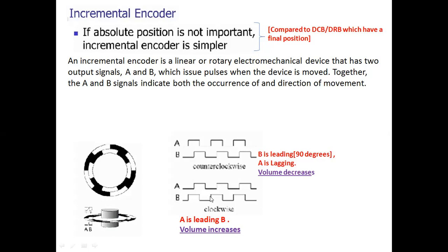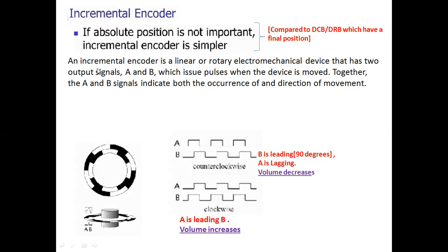You can see here, the topic for this particular figure is the incremental encoder, where the absolute position is not important. We can have the increasing or decreasing of values like voltage or frequency just by rotating the knob either clockwise or anti-clockwise. That is why we have used the two concentric circles.